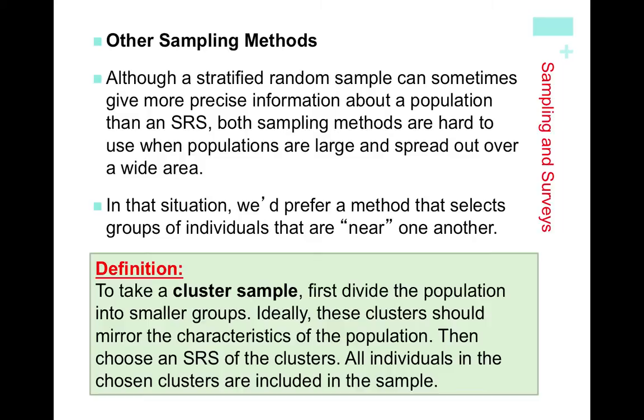So to take a cluster sample, first divide the population into smaller groups. Ideally, the clusters should mirror the characteristics of a population. It's just on a much smaller scale. So then you're going to choose an SRS from those clusters. So all the individuals in the chosen clusters are included in the sample. So I'm just going to go back to that high school idea.